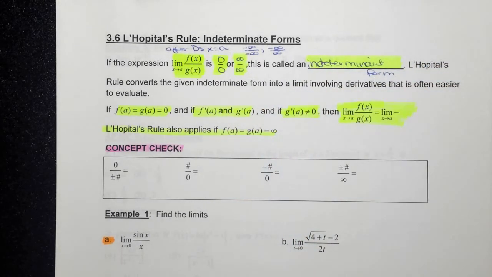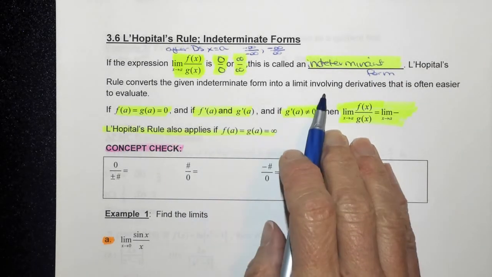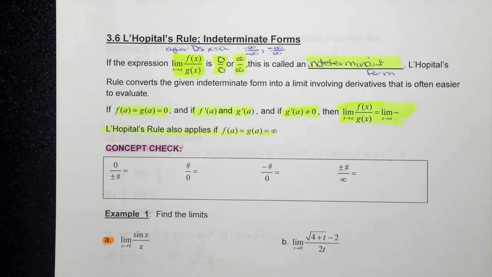L'Hopital's rule will convert the given indeterminate form into a limit involving derivatives, and it's going to make it 10 times easier.